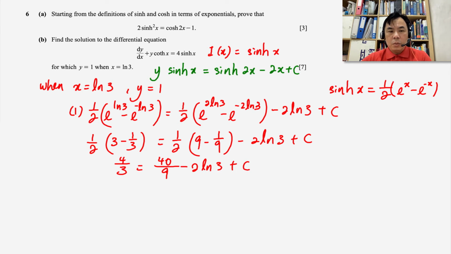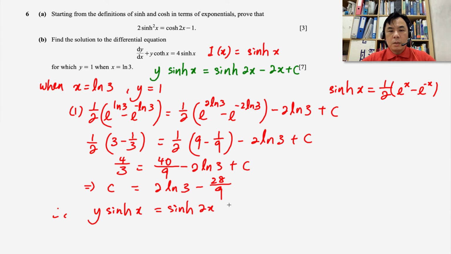And then from here, we found that the c itself is basically, let me see here, we have 2 ln 3 subtract off with 3 12, let me see, 28 over 9. And then now we can conclude that the solution to this is y sinh x equal to sinh 2x minus 2x plus c.